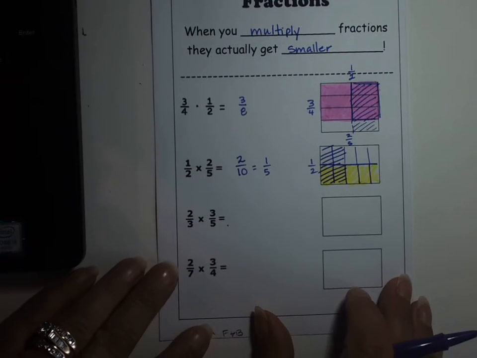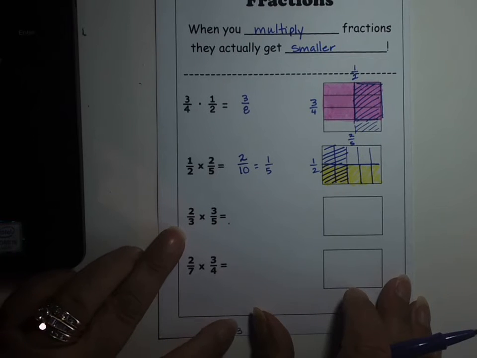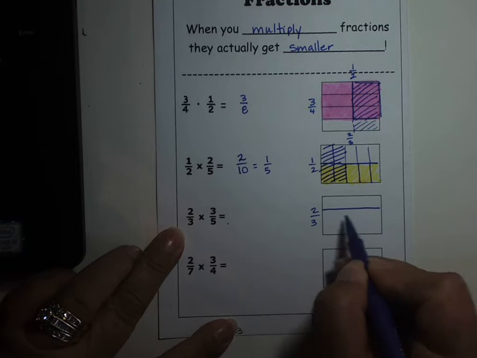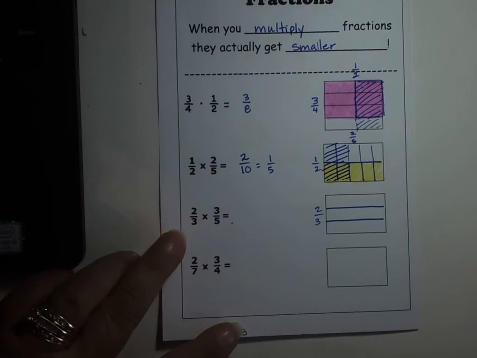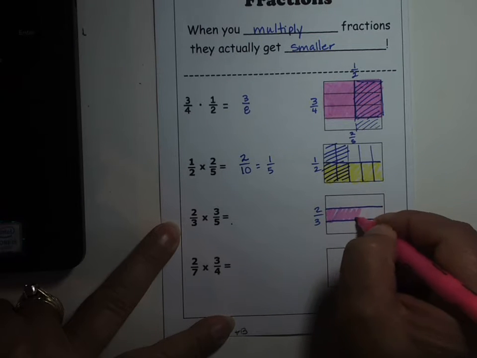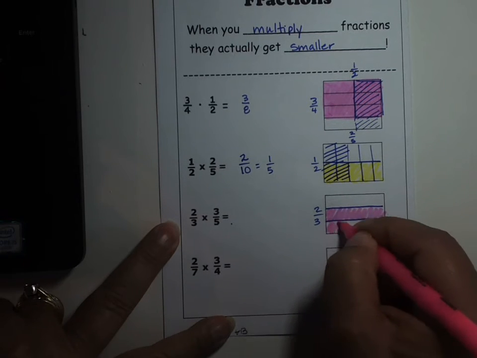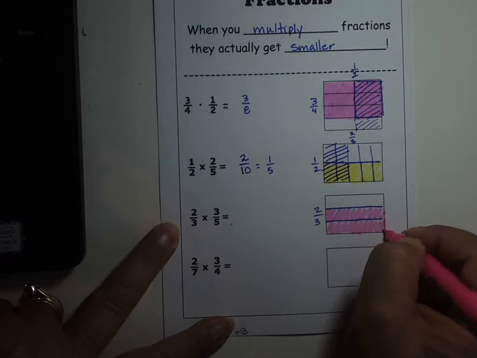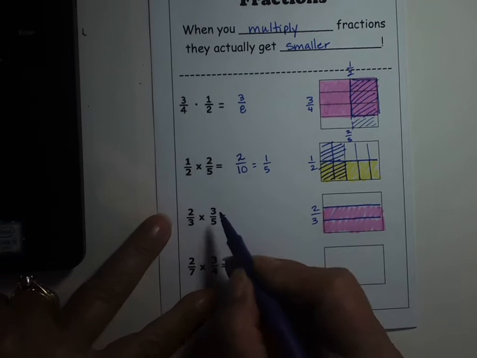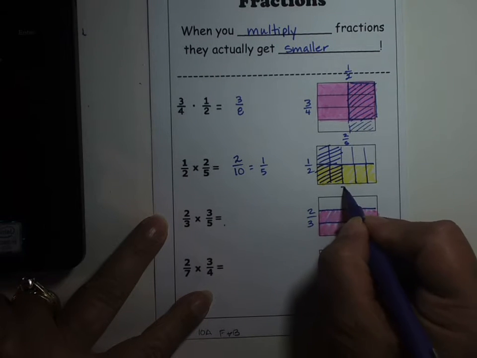All right, let's do the next one. We're going to do 2/3 going horizontally, and we'll go back to pink again. I'm going to color in 1, 2 of those thirds. Then I'm going to multiply it by 3/5.